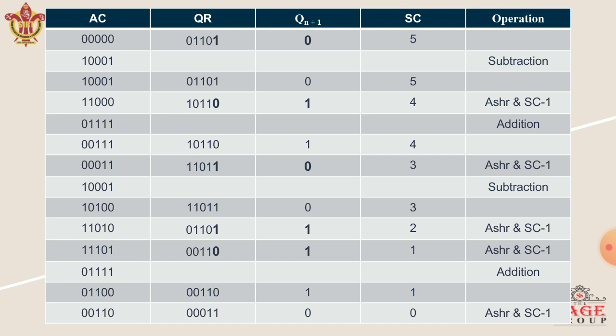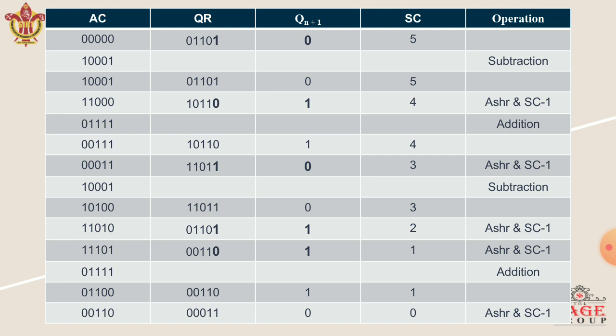Now perform the arithmetic shift right operation and SC minus 1. After shifting right, the new values of AC, QR and Qn plus 1 are: Qn plus 1 is 1, QR is 01101 and AC is 11011.